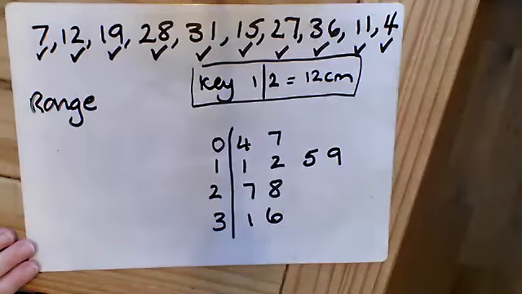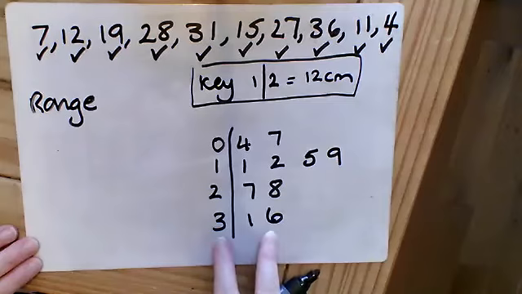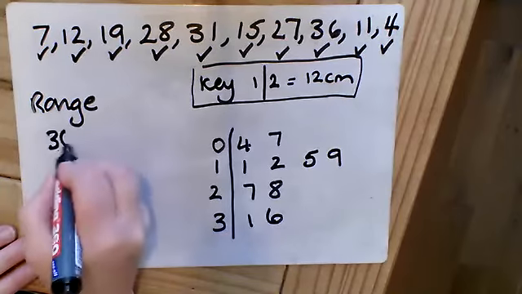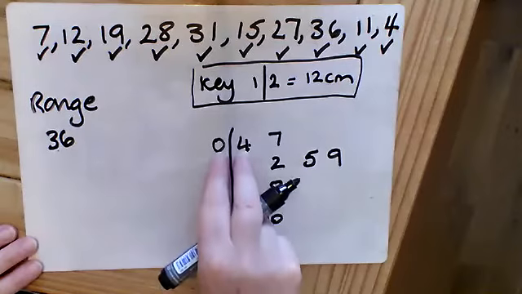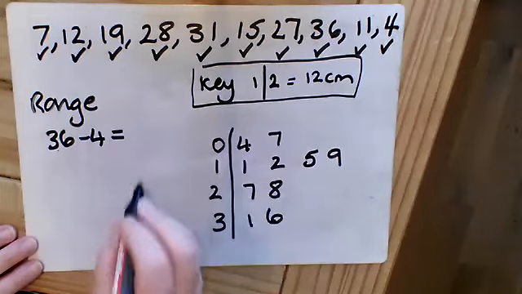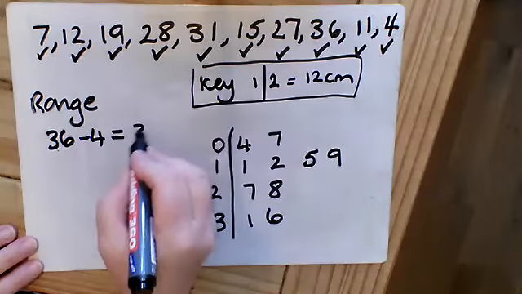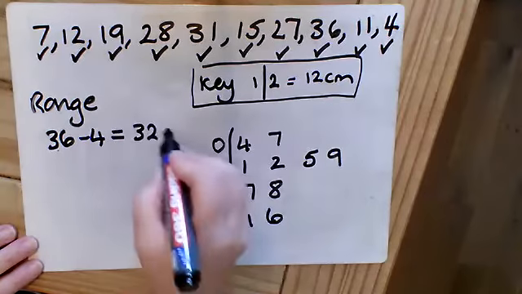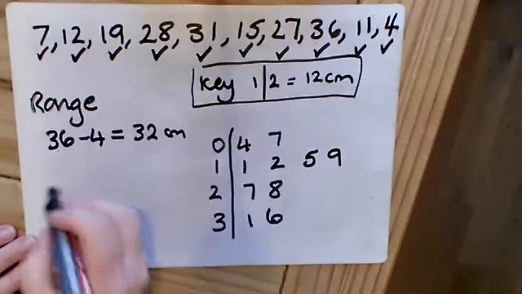The range is going to be the biggest number, take away the smallest number. The range will be 36, take away the smallest number, which is 4. So the range of this set of data is 32 centimetres.